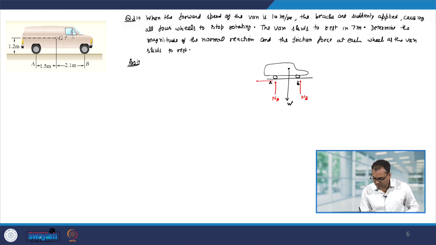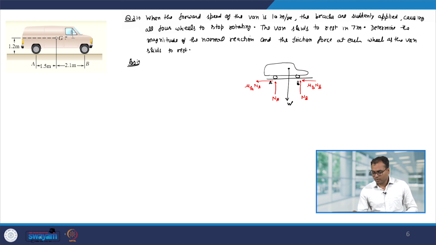So, here we have the frictional force at A is mu k NA, where mu k is the kinetic friction coefficient, and similarly here we have mu k NB. Okay.